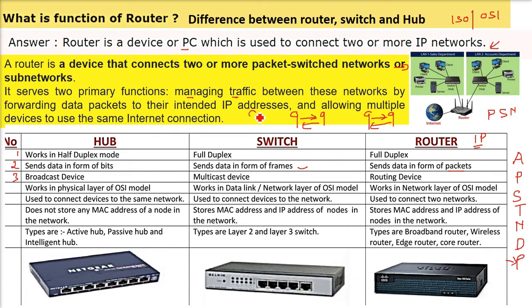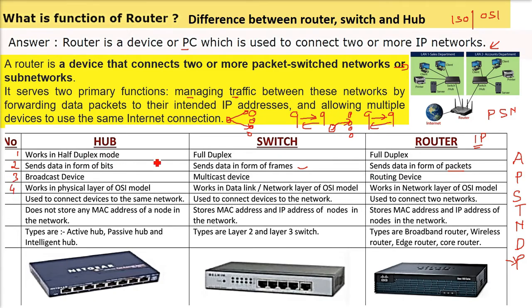That is, if you have multiple hosts connected, it will send it to wherever it is intended, multicastingly. The router is very specific. It is a routing device. So it will send the packet to the host for which it is actually intended. This is a routing device.